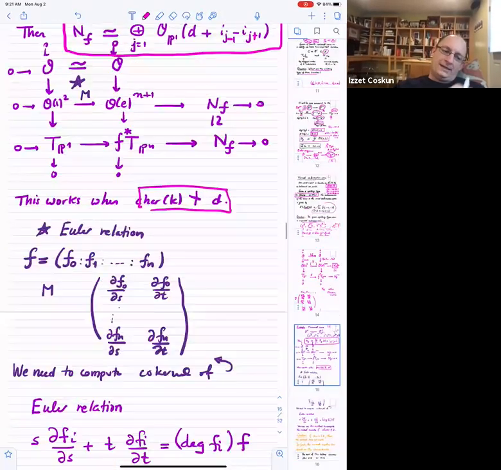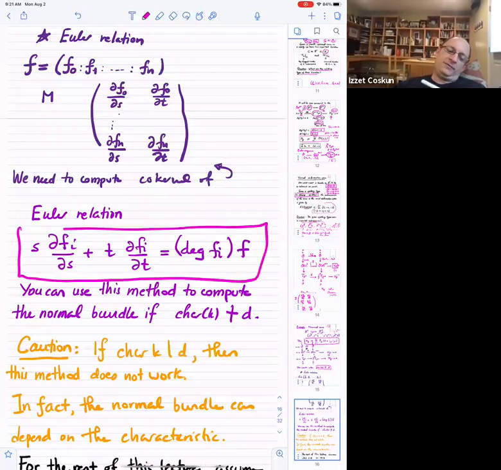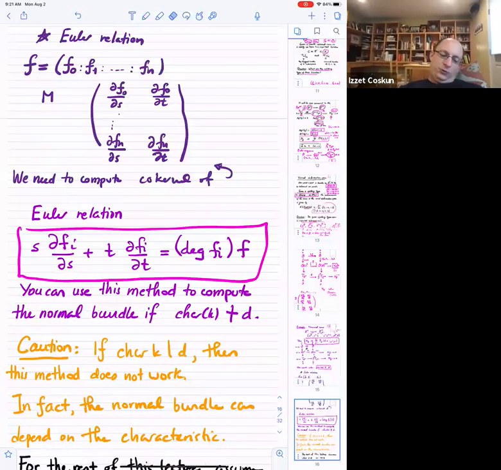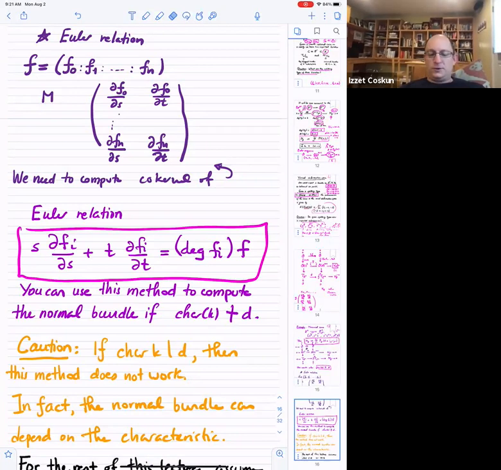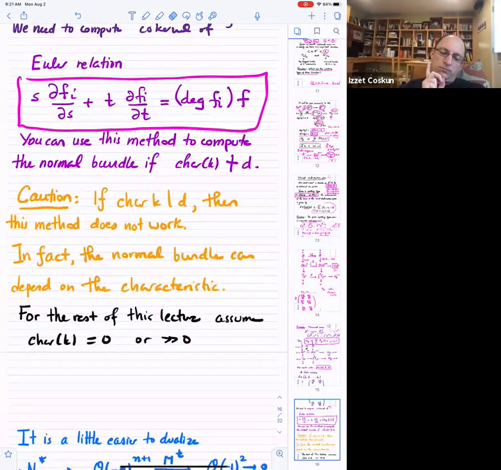And then why does this commute? This commutes because of the Euler relation, right? If I have S times the derivative plus T times the derivative, that's the degree times F. Again, you can use this method to compute the normal bundle if the characteristic does not divide D. If the characteristic divides D, then you have to be more clever.